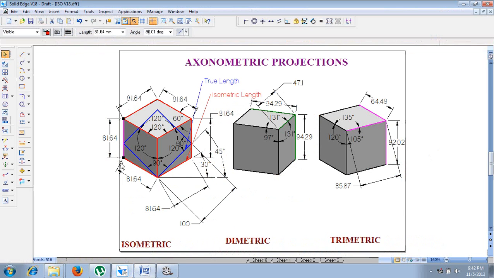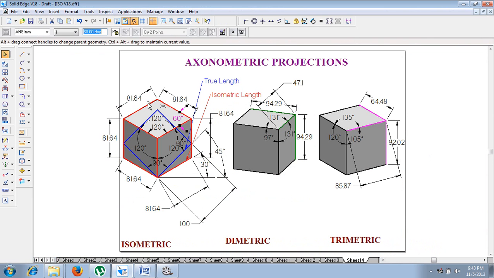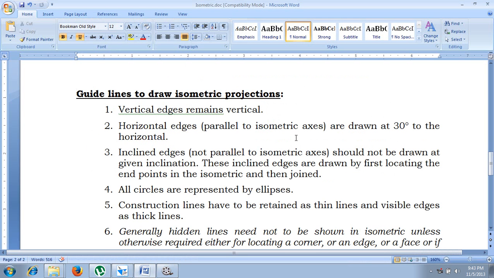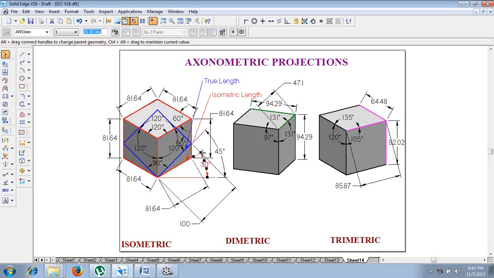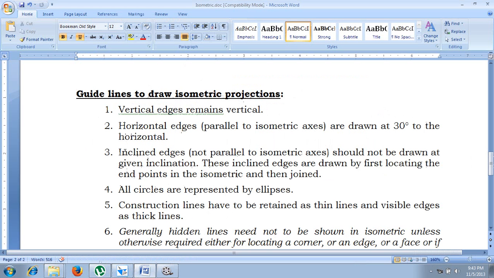Now, which are those lines? Horizontal lines are nothing but 1, 2, 3, 4, 5 and 6. These 6 lines are horizontal lines which are drawn at 30 degree to the horizontal. Now you can see the angle it makes is 30 degree. In the same fashion, inclined edges which are not parallel to the isometric axis should not be drawn at given inclinations.